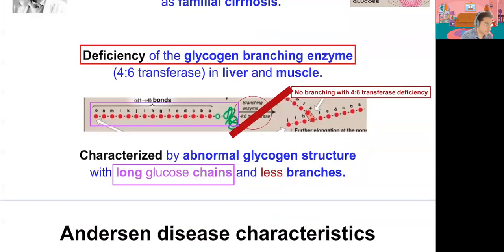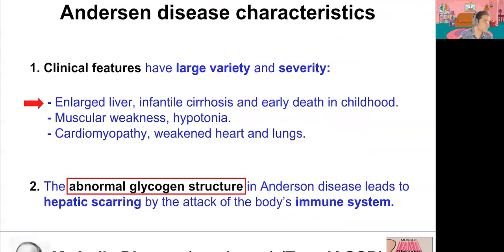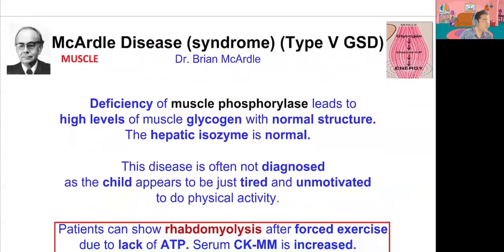Characterized by abnormal glycogen structure, so too long of a chain, because remember, long glucose chains are less able to deal with storage form. So enlarged liver, muscle weakness, hypotonia, cardiomyopathies, right? Andersen, I think there's a buzzword for it. Feel free to drop it in the chat so that you guys are helping out your classmates.